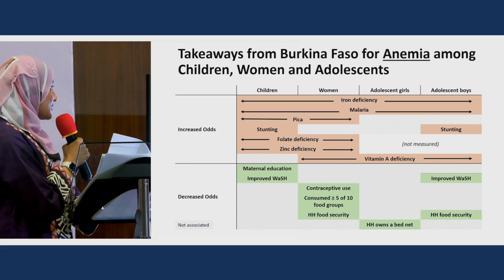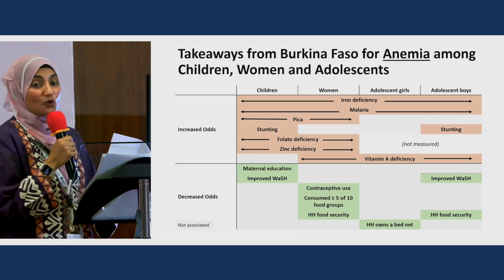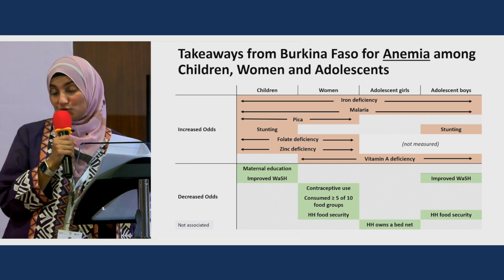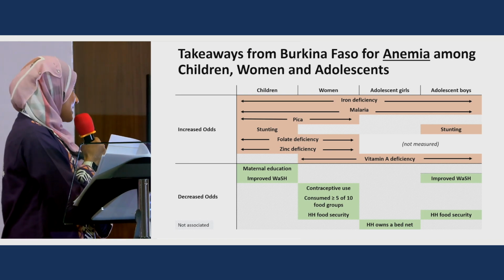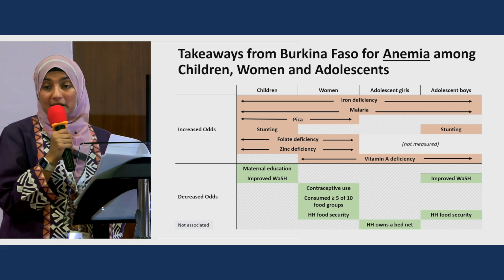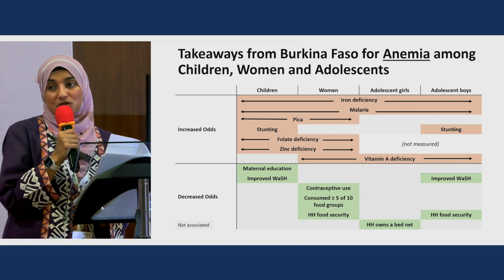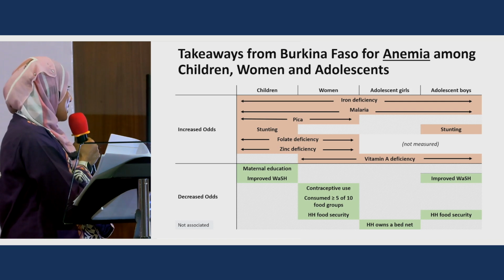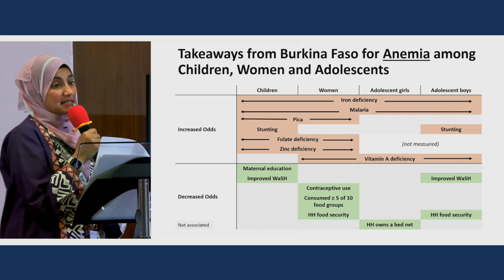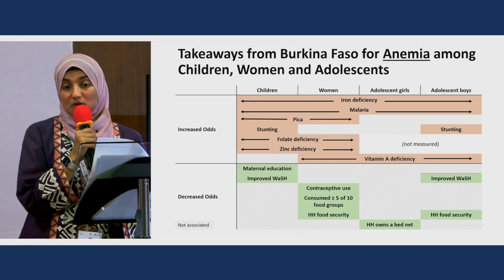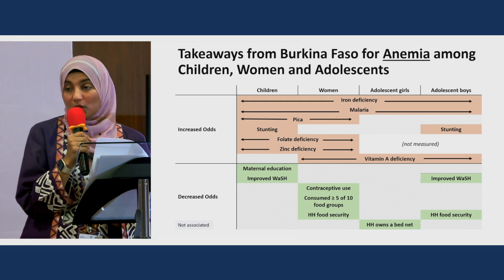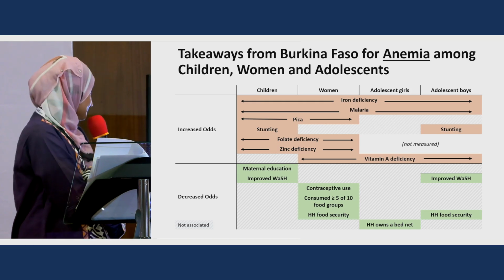Thank you. So what are the key takeaways from Burkina Faso for anemia across the population groups that we had data on? As I said previously, iron deficiency and malaria are consistently associated with anemia among all population groups, which does give us an indication of a potential control avenue for anemia control programs.